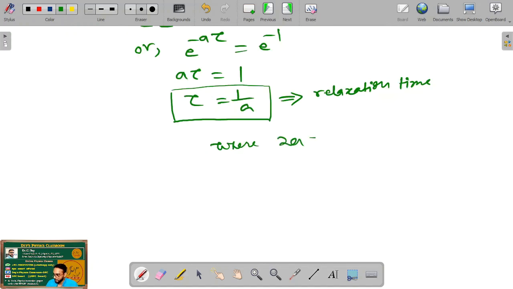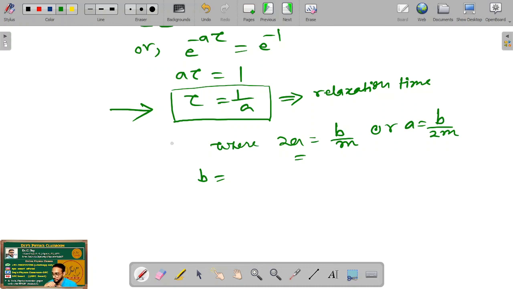Where 2a equals b by m or a equals b by 2m. All these symbols and their meanings have been discussed in my previous lecture of simple harmonic motion and oscillation. You can go there and watch the video for details.